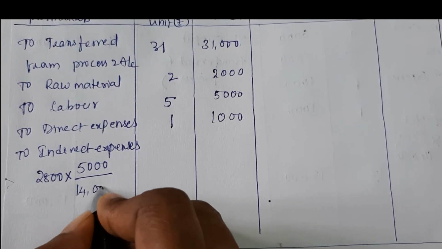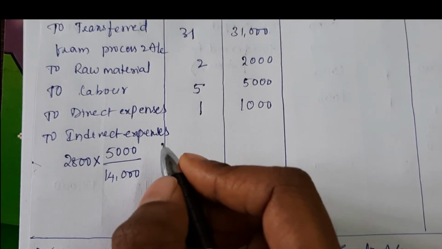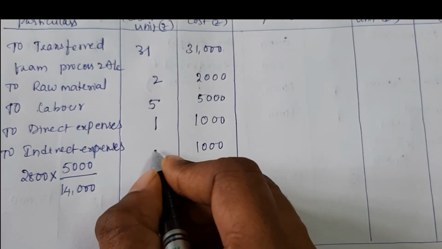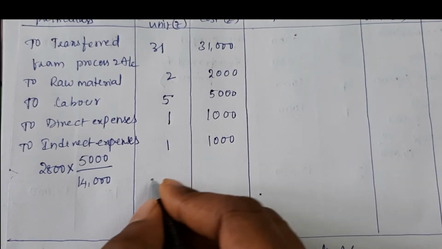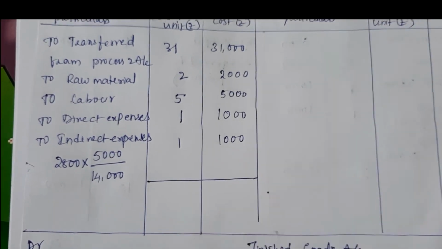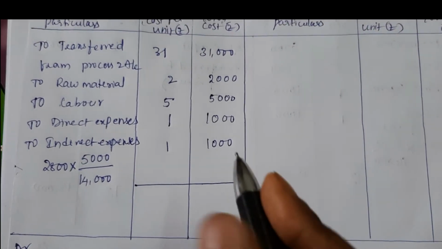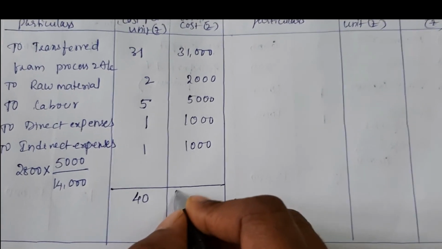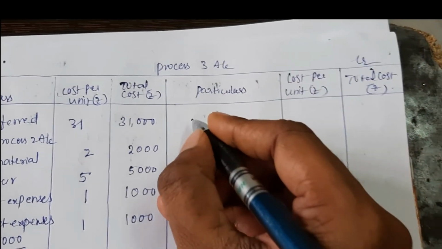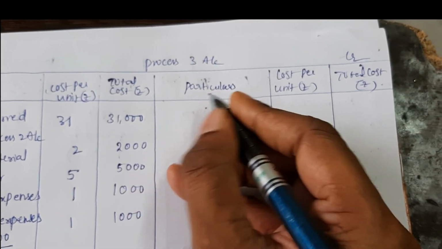Total labor cost is 14,000. So this will become 1,000 and rupee 1. Make the total. So this will become 40 and cost will become 40,000, and this will be transferred to the finished goods account.